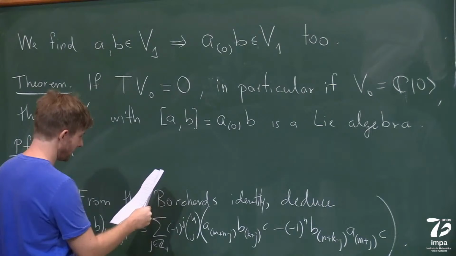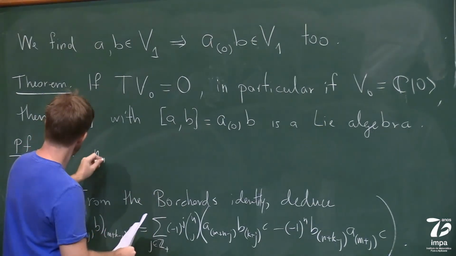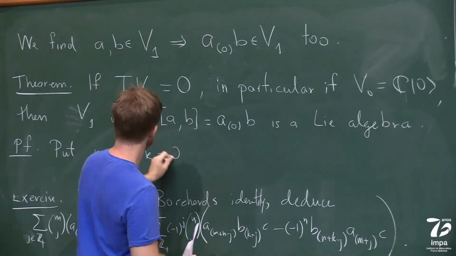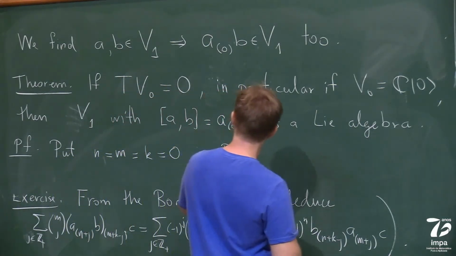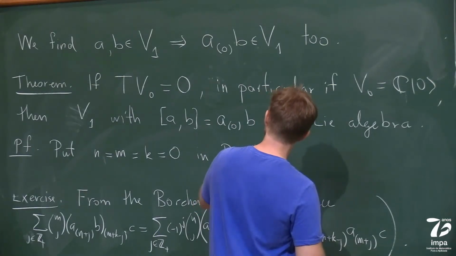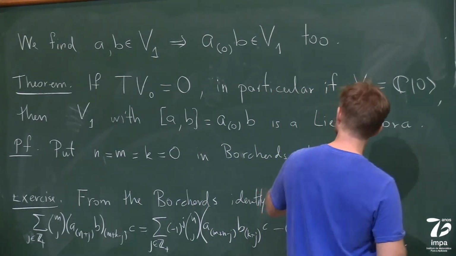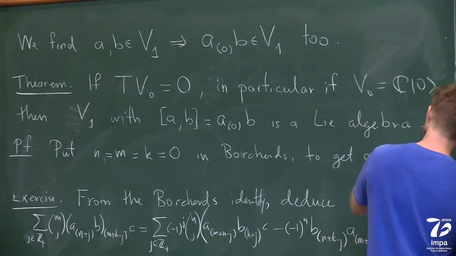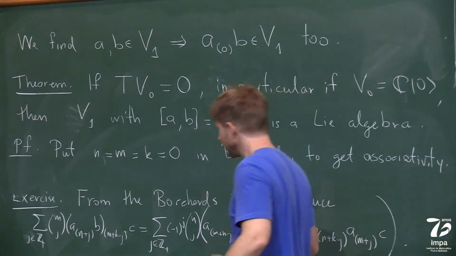So you should put n, m and k equal to 0, to get associativity.